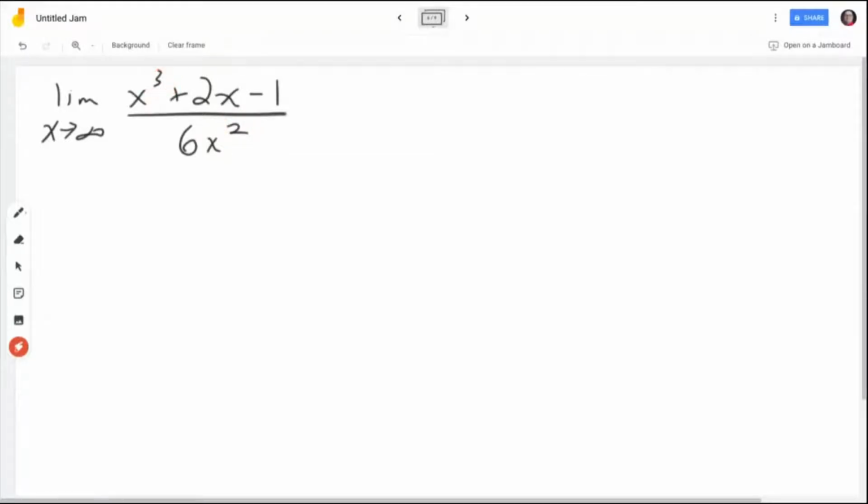Since the highest degree is in the numerator, that means that this is going to be plus or minus infinity. We've got to figure out which one though. So let's look at what each part is going to do. Well, if we take infinity and raise it to the third power, that's just going to be positive infinity.